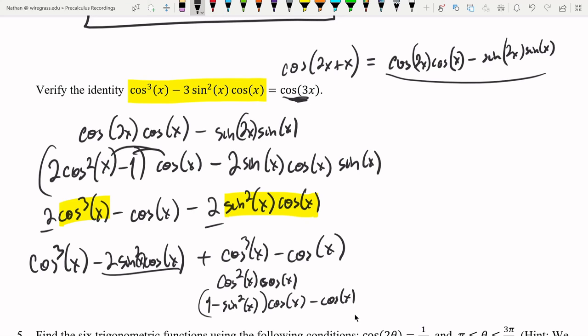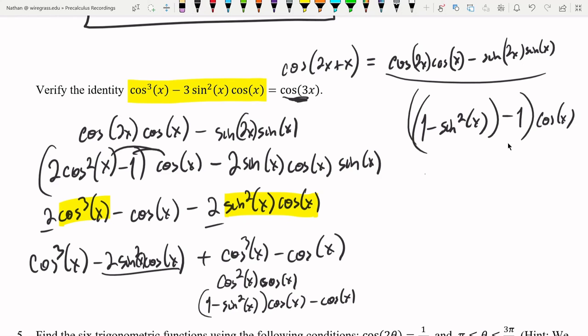I could factor out that cosine, and that would give me 1 minus sine squared x minus 1 times cosine of x. I distribute that back in, that gives me there. And this becomes, let's see, 1 minus 1 cancels. We get negative sine squared x cosine of x.